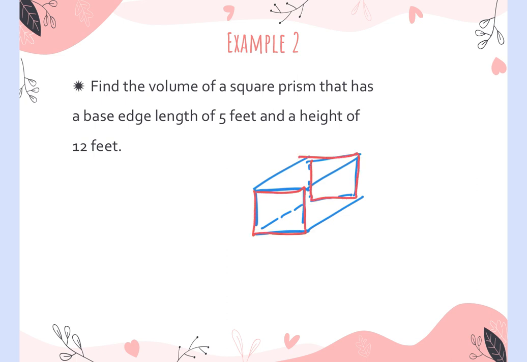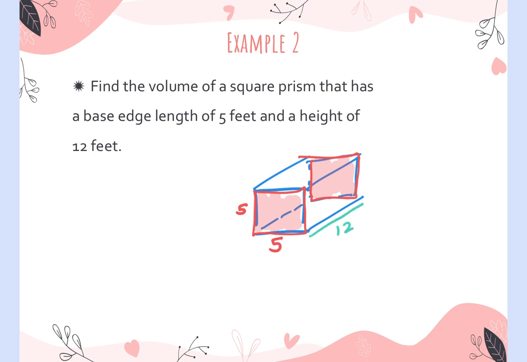If you made the tops and the bottoms the squares, then those would be the bases. So here's my bases. The base edge, it's a square, so they would all be the same, 5 and 5. And the height is the segment that connects those two bases, is 12.